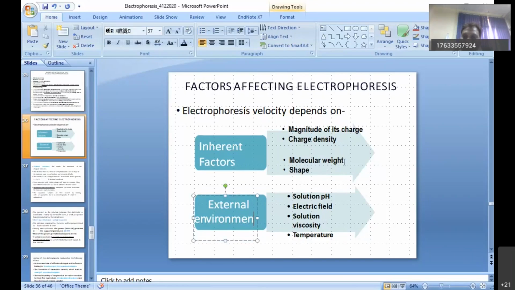You have to decide the concentration of the gel, the supporting media, and prepare it depending on the protein molecule you have chosen to analyze. So the pore size would be according to that. The buffer solution should be good. You have to apply the electric field, so check first whether it is okay or not. The solution viscosity and the temperature where you're performing the experiment, you have to look at.